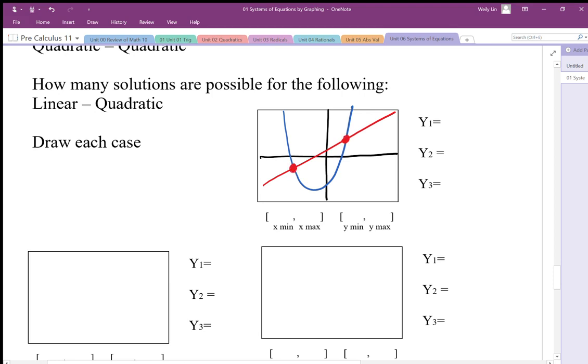Now we could think, well, what about three solutions? Well, that's not possible because if we think of a quadratic, the highest degree is 2, so the most solutions we should end up with is 2. Okay, so this is two solutions. Now, is it possible to have one solution? Well, we can draw a few different cases.